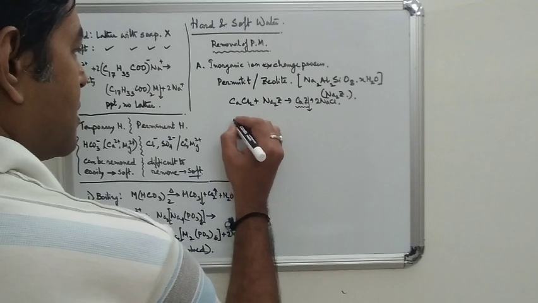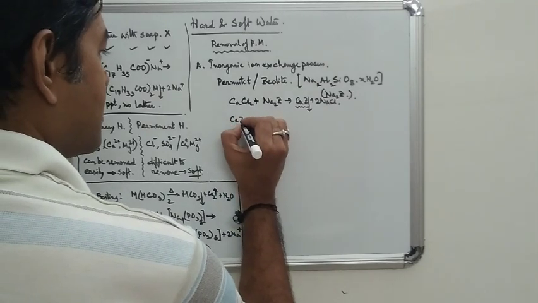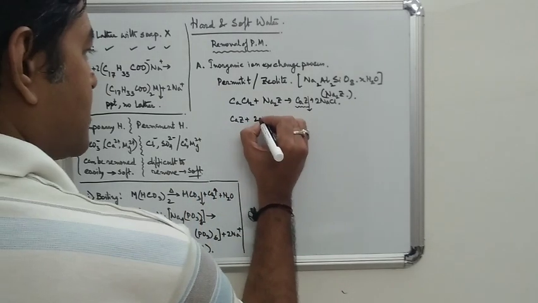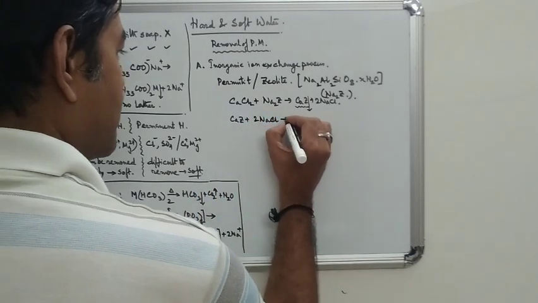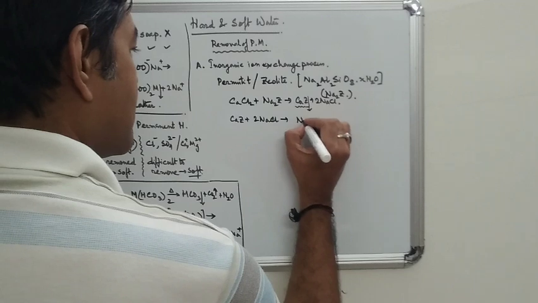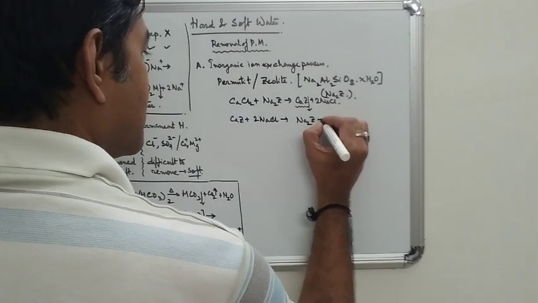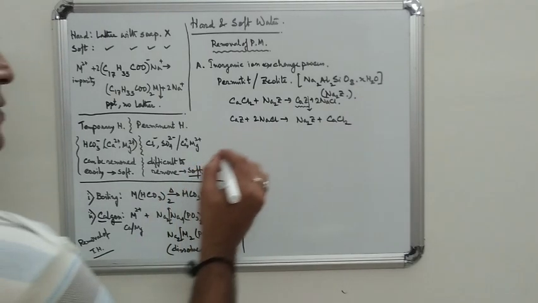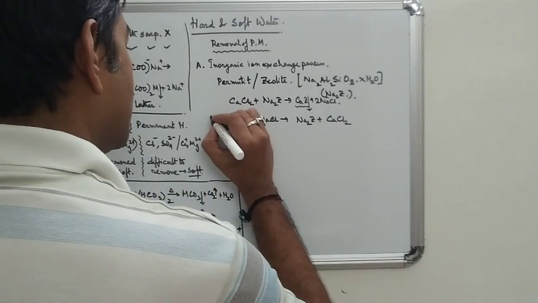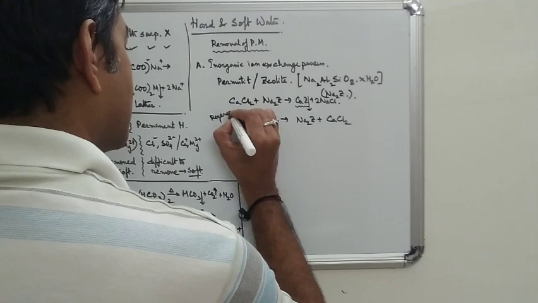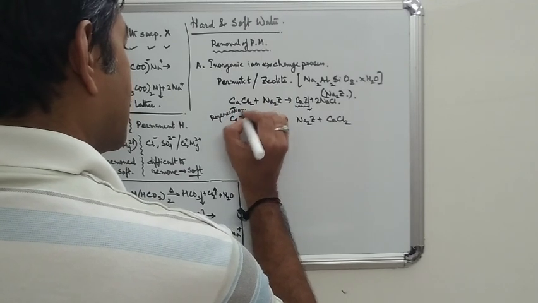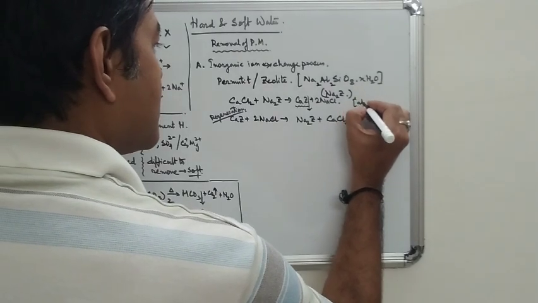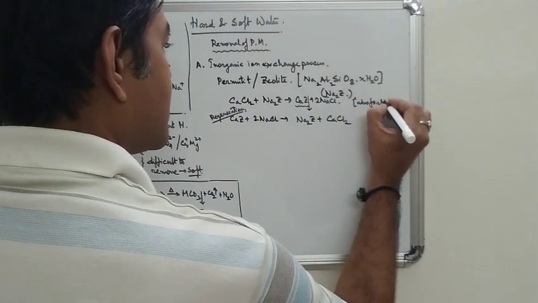How can this be recovered? Calcium zeolite on reaction with sodium chloride will regenerate Na2Z and form CaCl2. That is regeneration. It can also be applicable for magnesium.